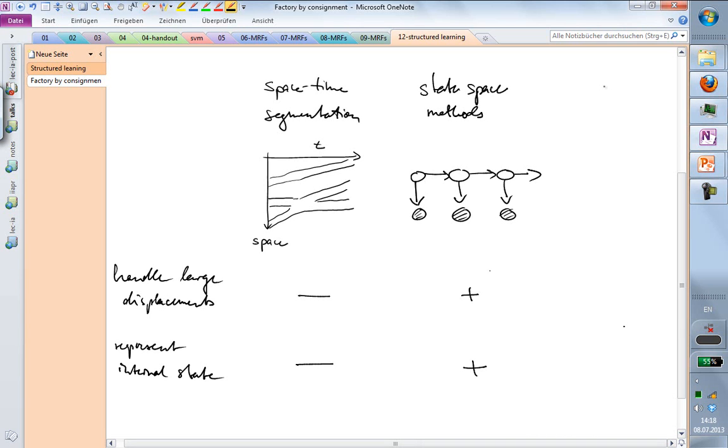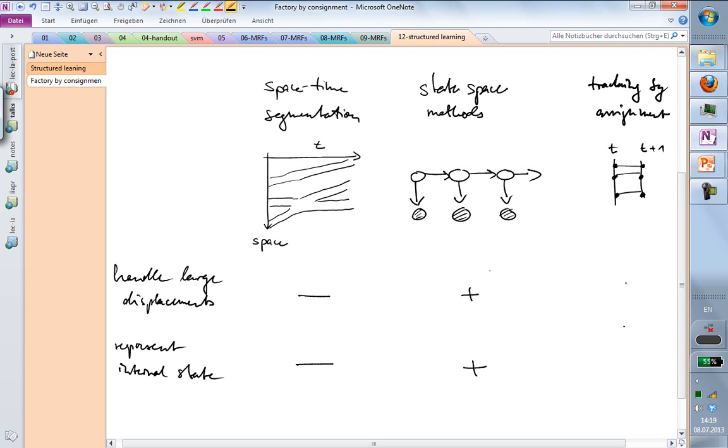And finally, the third major class are tracking by assignment or data association methods, and we will talk about these at length today. So let's say I have some detections at time t and some detections at time t plus 1. And I'm then reasoning about which assignment of particles is the most likely.